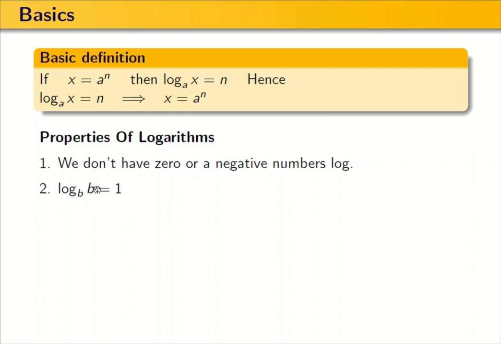Log b to the base b is 1. If here is a and this is a, it is 1. If here is 100 and this is also 100, it is 1. The property is saying that if I have the logarithm of a number or any variable to the same base of that number, then you have 1. Now, logarithm of 1 to the base b is equal to 0. I will prove this later.